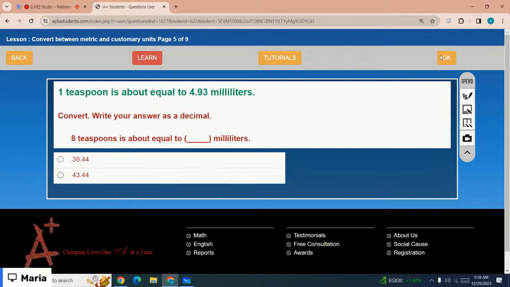You have to do 8 times 4.93. So 8 times 4.93 equals 39.44. Option number 1 is the correct option.